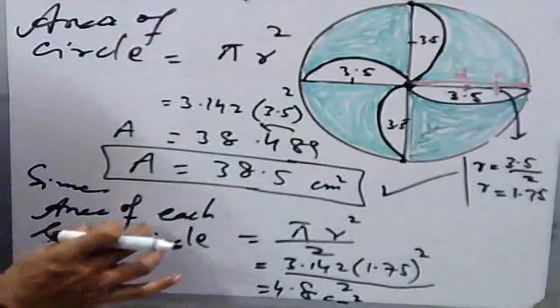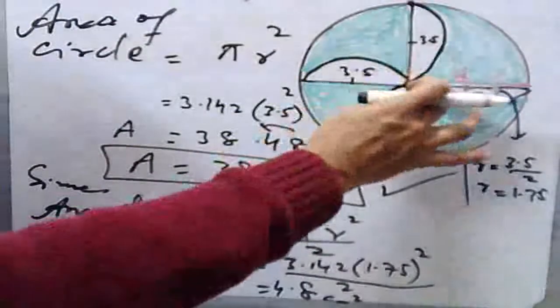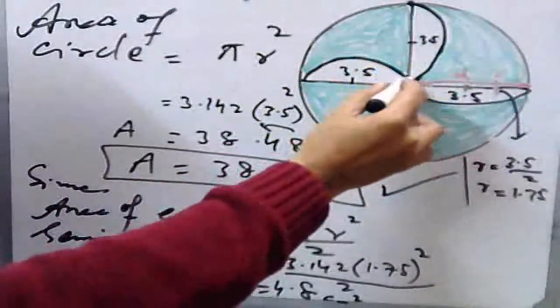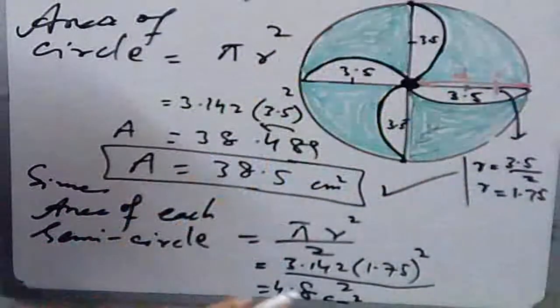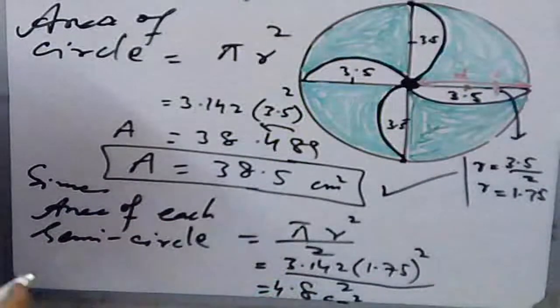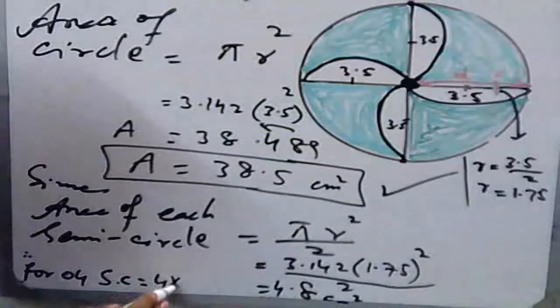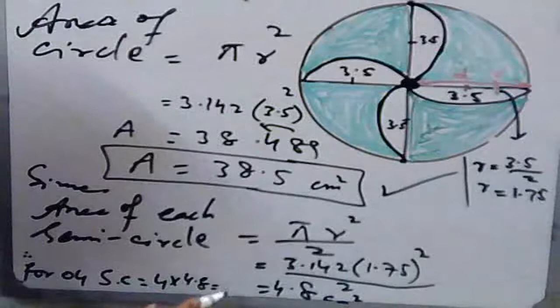Now this is the area of each semicircle, but we have 4 semicircles, that is 1, 2, 3, 4. So for 4 semicircles you just multiply it simply with 4. Therefore for 4 semicircles you will get 4 multiplied by 4.8, you will get what?